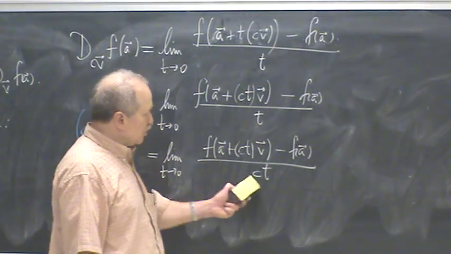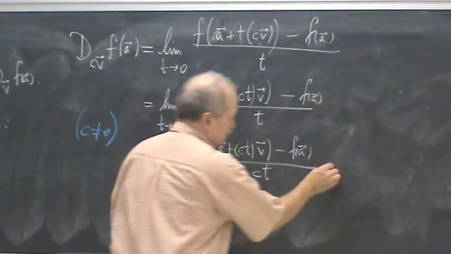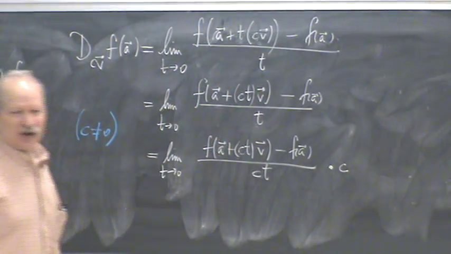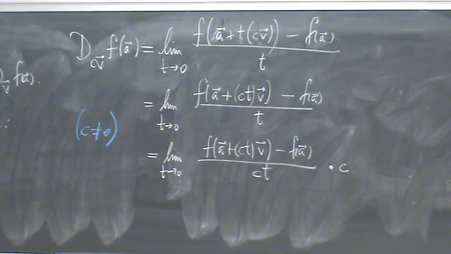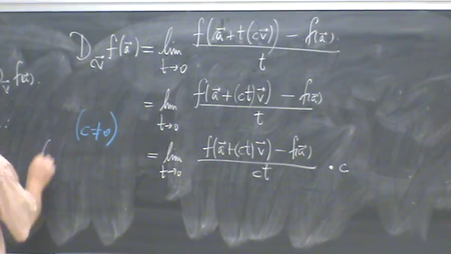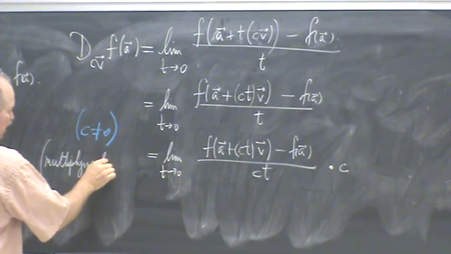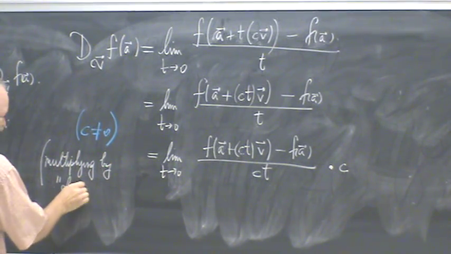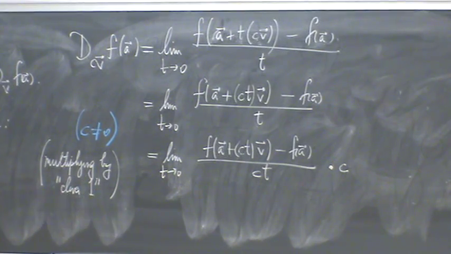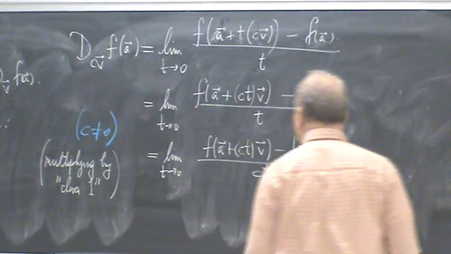But what have I got to do if I'm going to put a c in the denominator? I've got to put one in the numerator to cancel. So this is what I like to call multiplying by a clever 1. There are also adding clever zeros. We'll get to that soon. Do you see that we're done now?